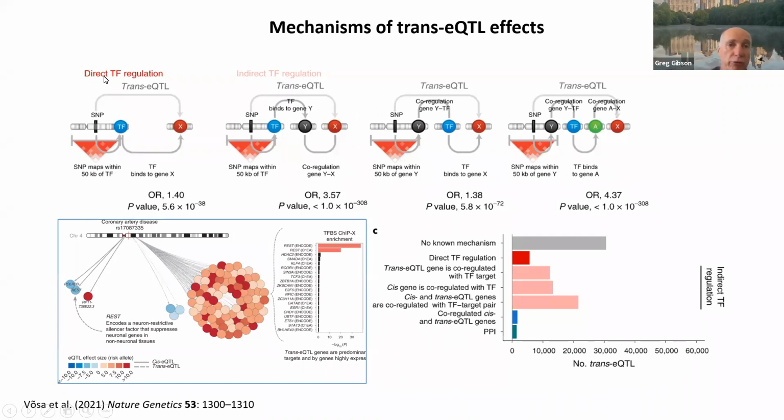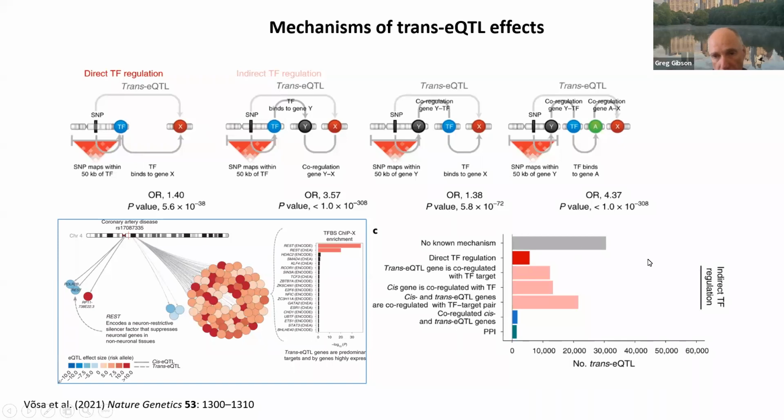Direct transcription factor regulation would be where you have a SNP mapping close to the promoter of a transcription factor, so it's associated with the expression levels of that transcription factor, and that transcription factor is known to bind in the vicinity of one of the trans targets. That's your simplest model for how an eSNP can work in trans. It regulates locally its own transcription factor, which then goes on and regulates target genes.